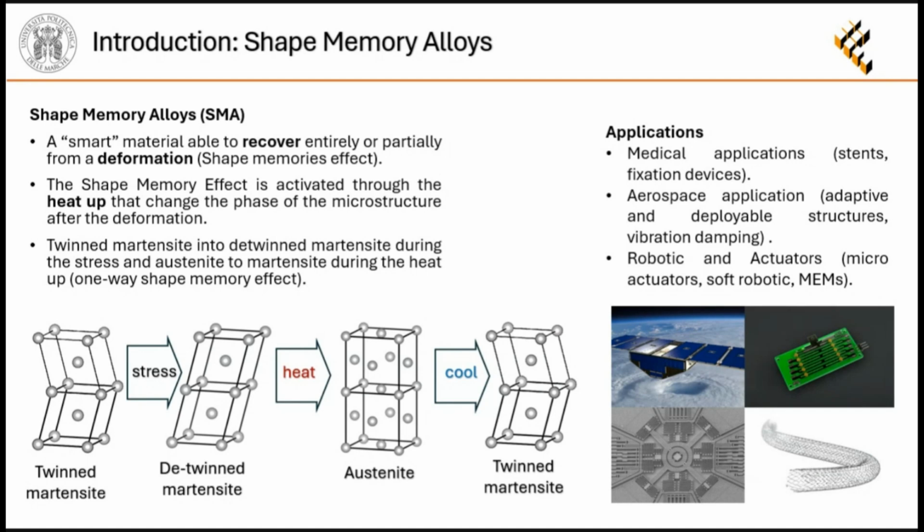This effect is caused by the lattice structure passing from twinned martensite to detwinned martensite, and the shape memory effect is activated through the heat up of the lattice that goes to the austenite phase, and after the cool down to the twinned martensite again. This type of alloy has many innovative applications like medical or aerospace, such as deployable structures or cardiovascular stents.